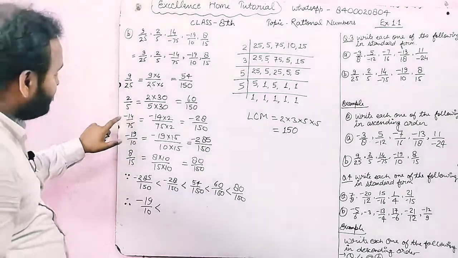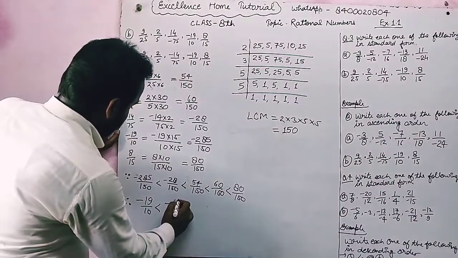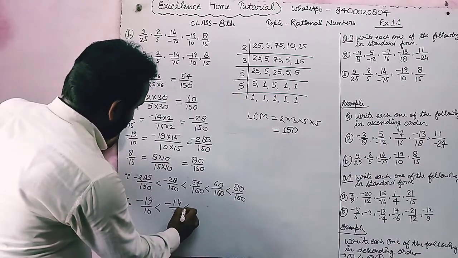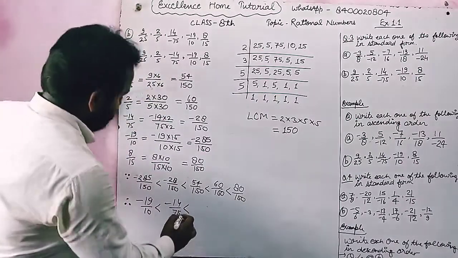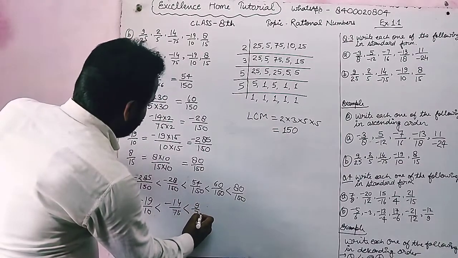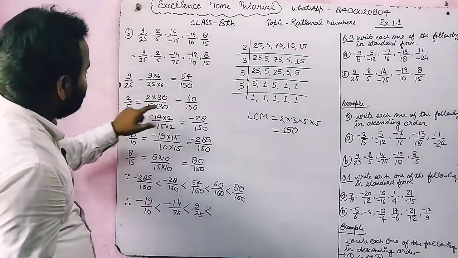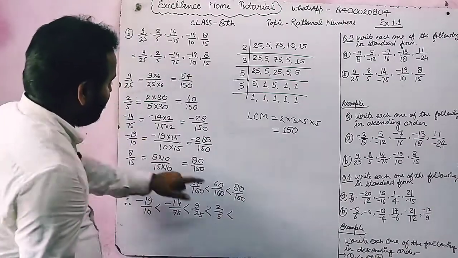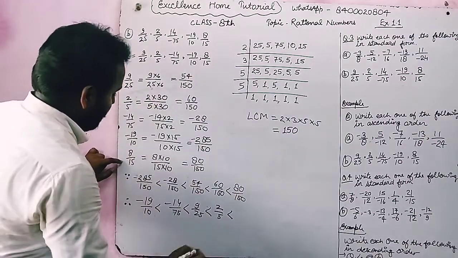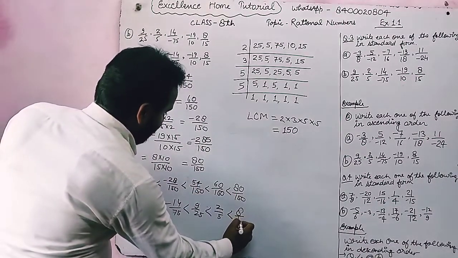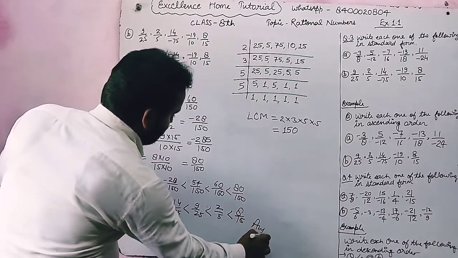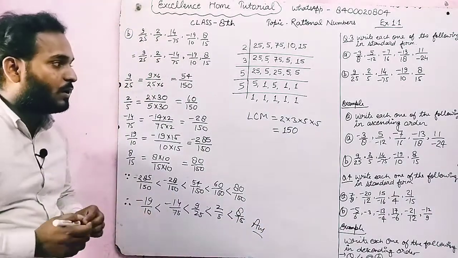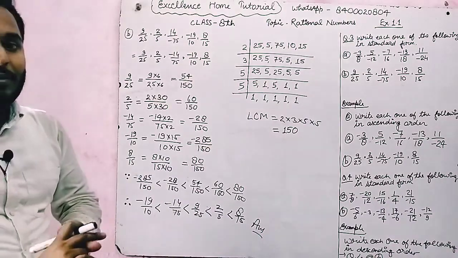Minus 28 is equal to minus 14 by 75, less than 54 is 9 by 25, 60 is 2 by 5, and 80 is 8 by 15. So this is the answer for the ascending order of section A and B.